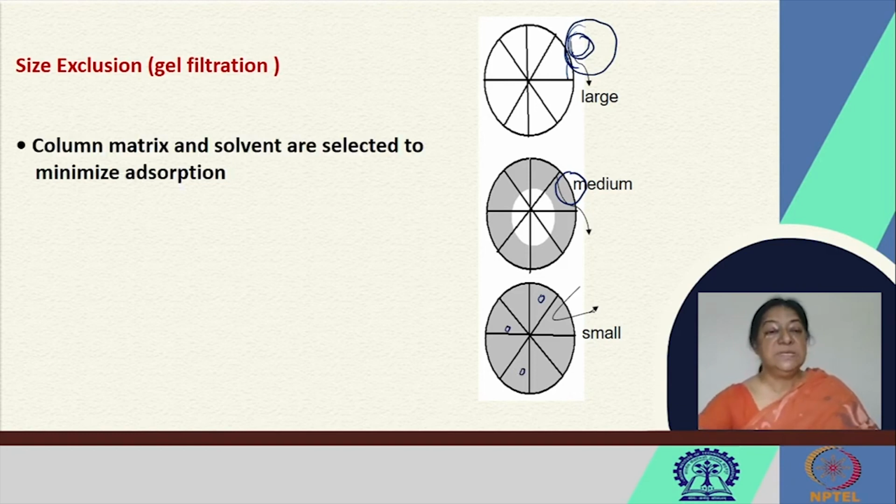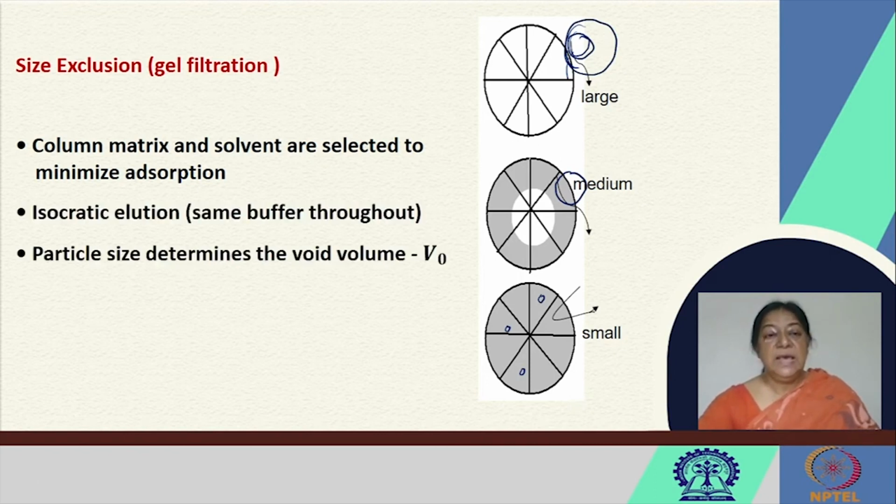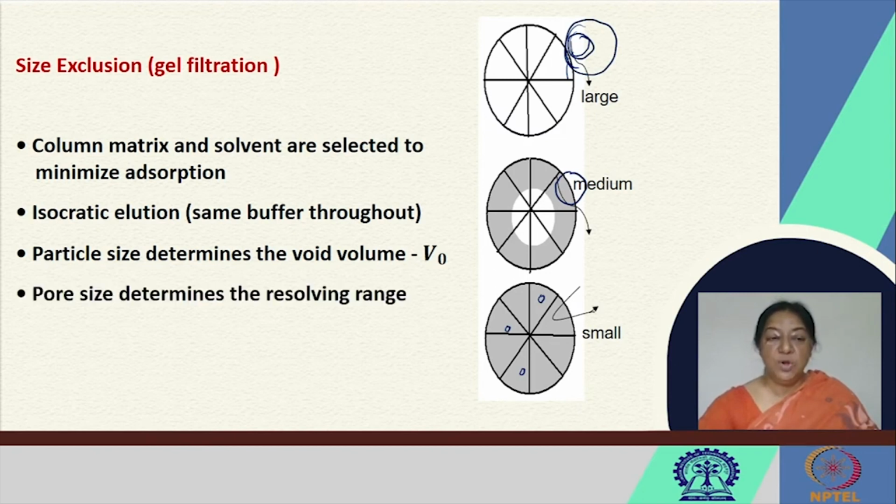The column matrix and solvent are selected to minimize adsorption. We use the same buffer throughout, usually in an isocratic elution as it is called, and the particle size determines the void volume and the pore size determines the resolving range.